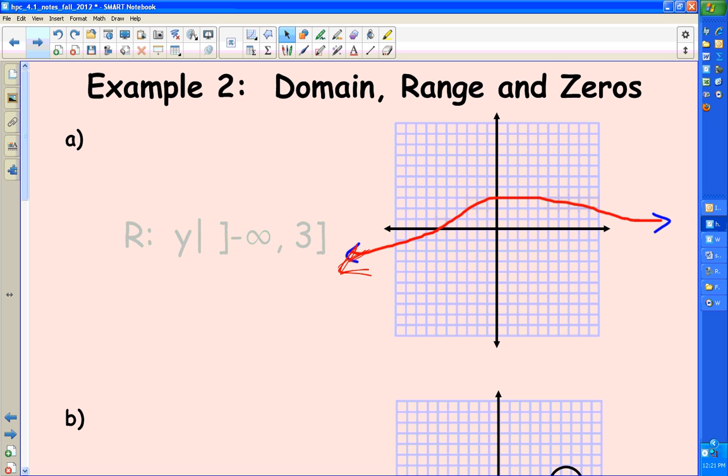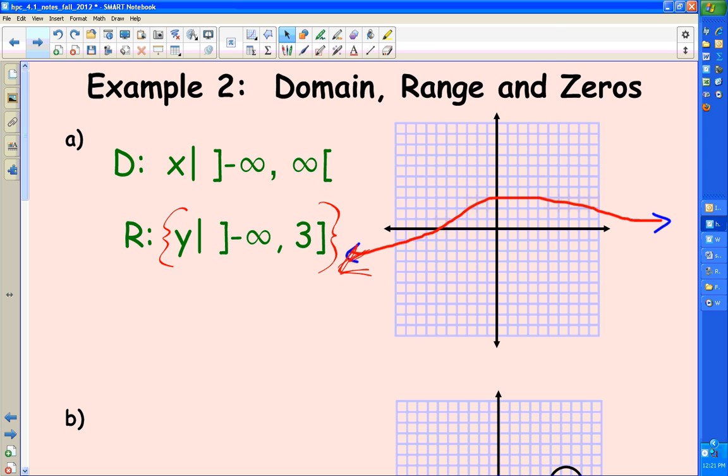So we're going to -infinity all the way up to and including the 3. Don't forget the braces. On the domain, it's going left and right onto infinity, so your domain is, we really want everything there.